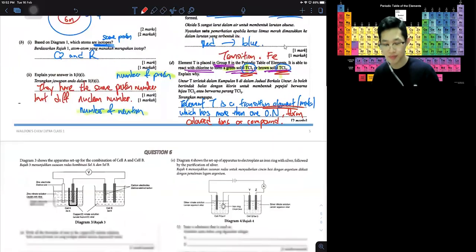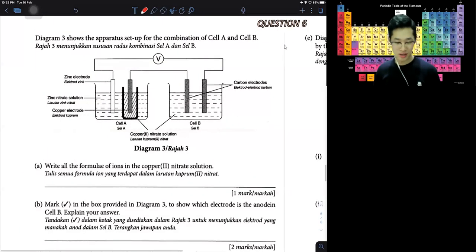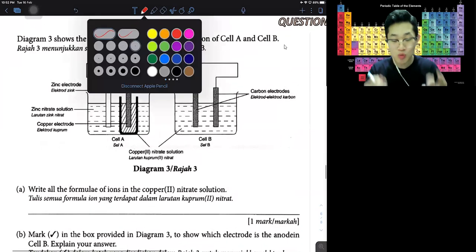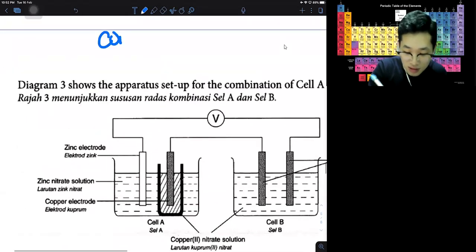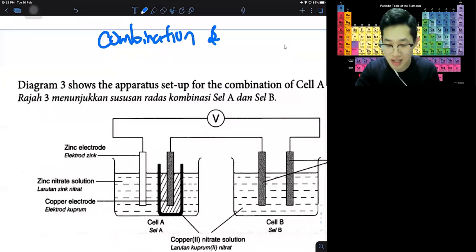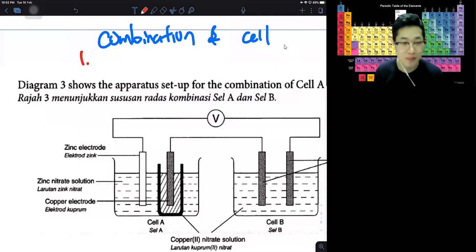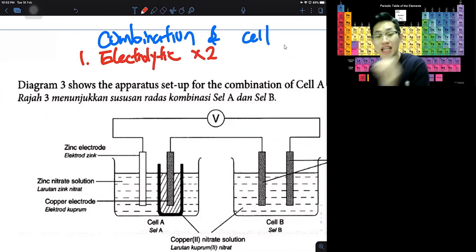Three more questions. Finally, chapter 6. So when you have a combination of cells, two cells together, okay, there are two possibilities. The first one is a double electrolytic cell.